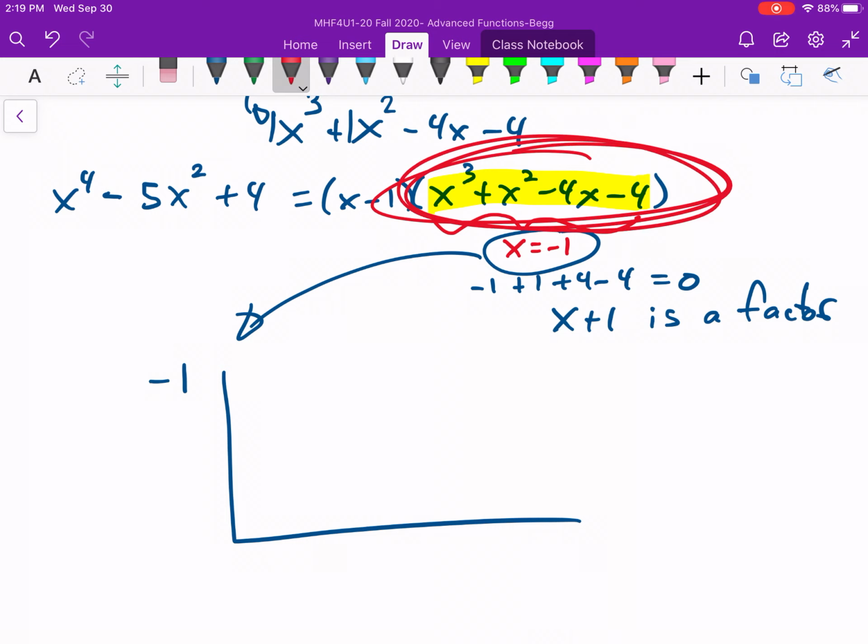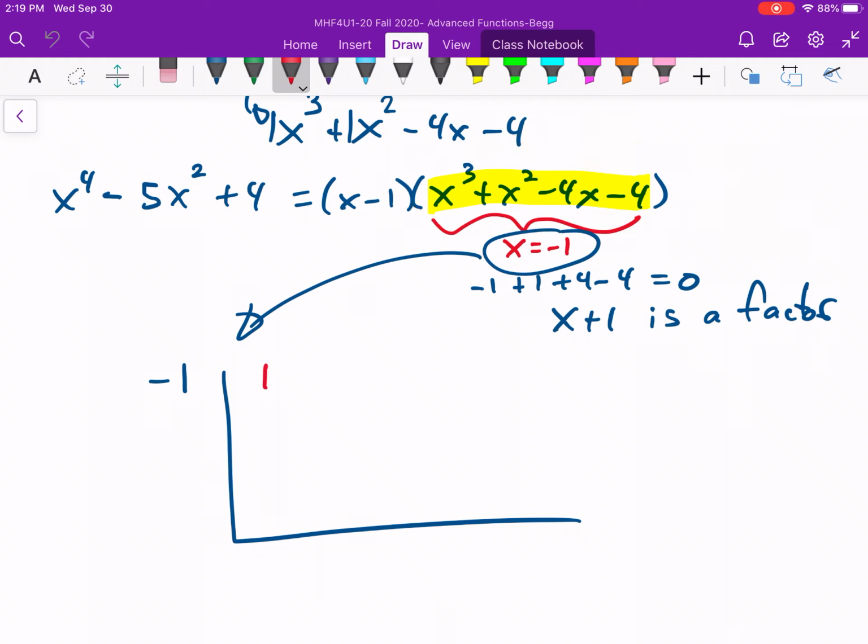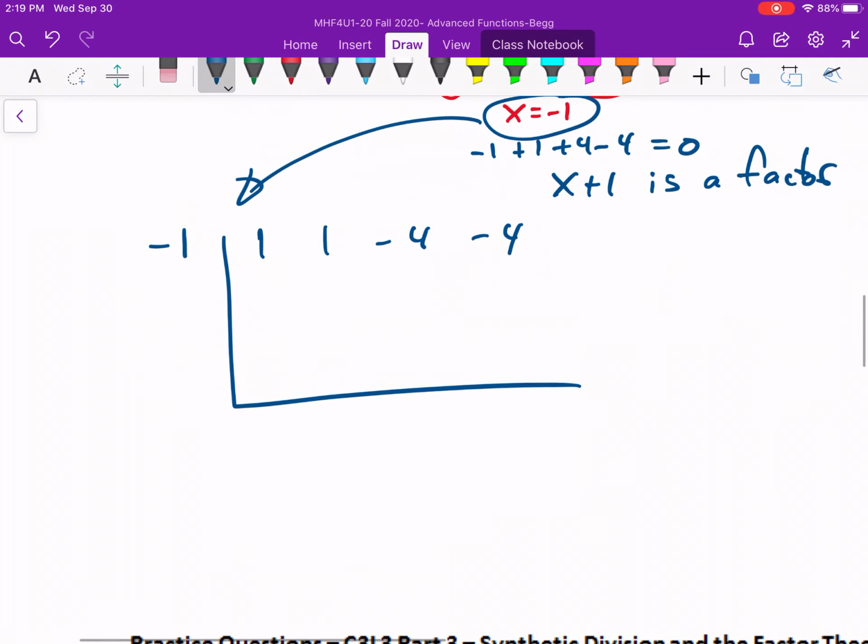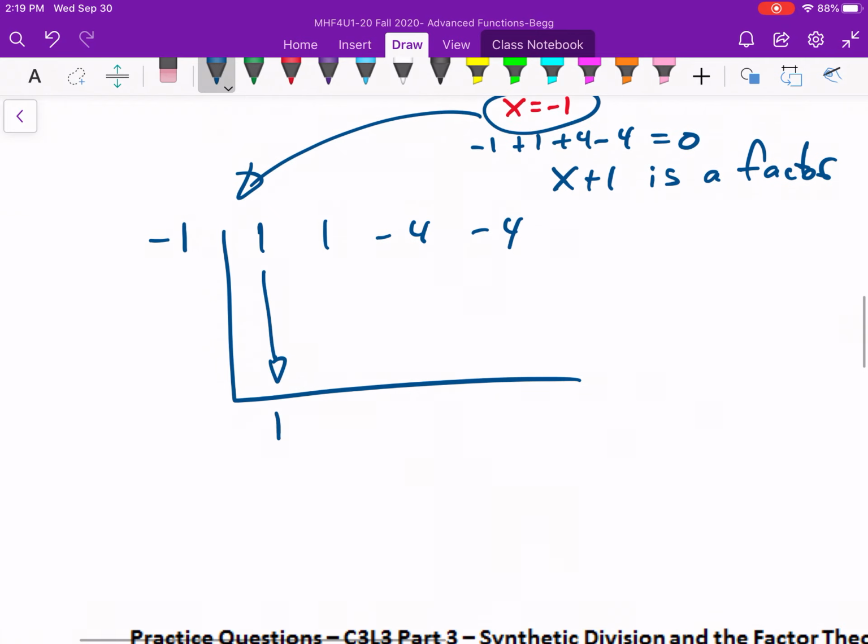So 1, 1, negative 4, negative 4. Bring down the 1, multiply it times negative 1, and then move it up top. I get negative 1. Add them together, 0. 1 times 0 is 0. Add negative 4 and 0, I've got negative 4. Negative 1 times 4 is negative 4. Add them, I got 0.